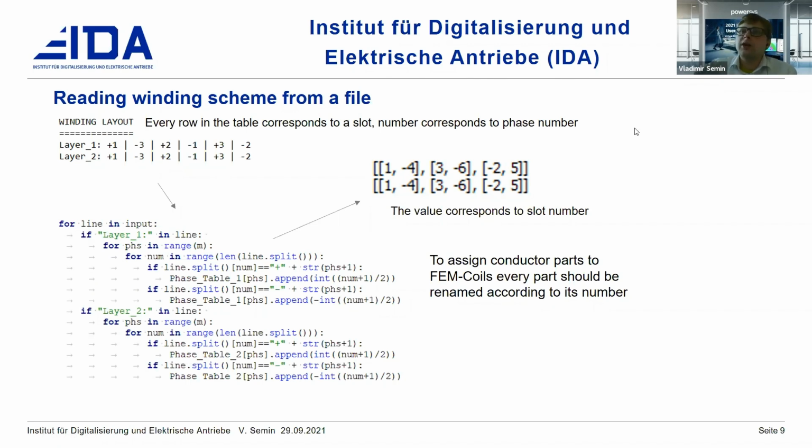That way, we can just add a condition where whenever these two numbers are equal, then it means that it is a correct slot and can be assigned to a certain FEM coil condition.